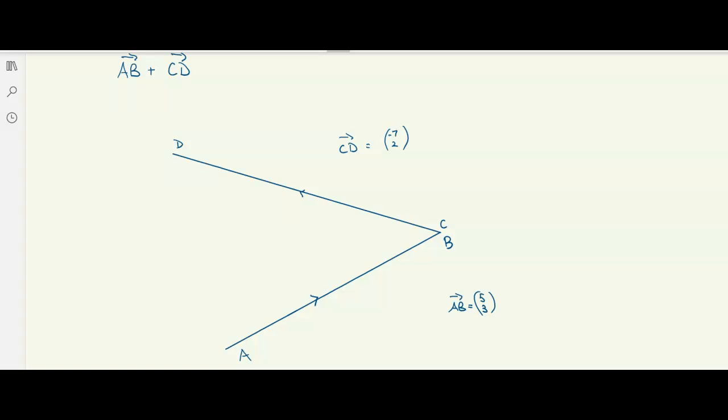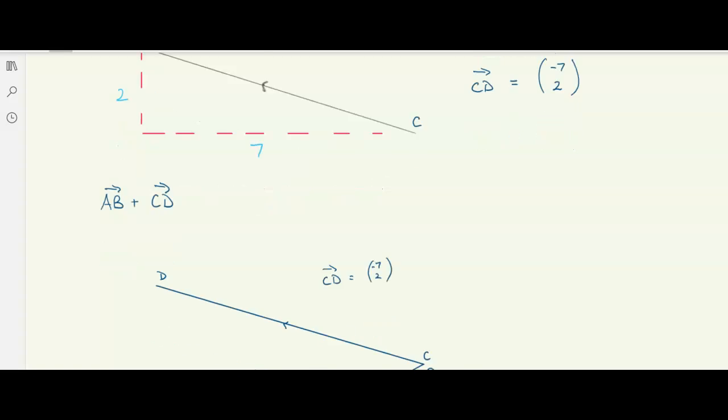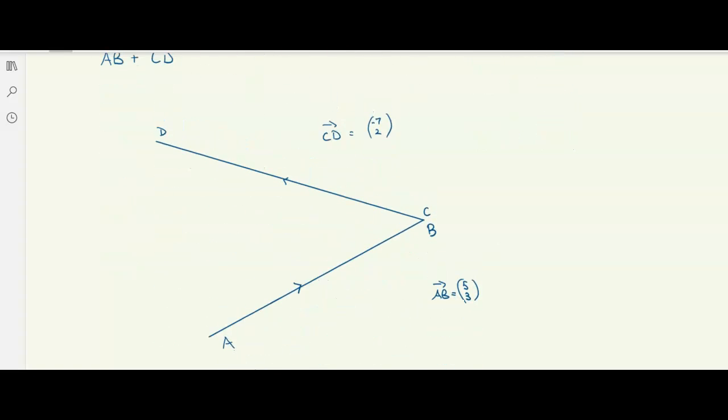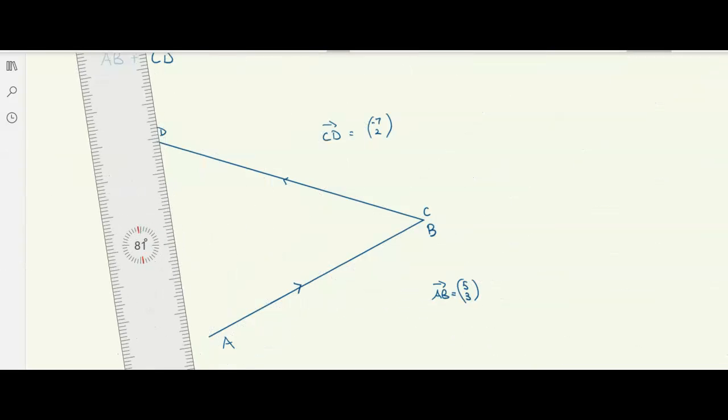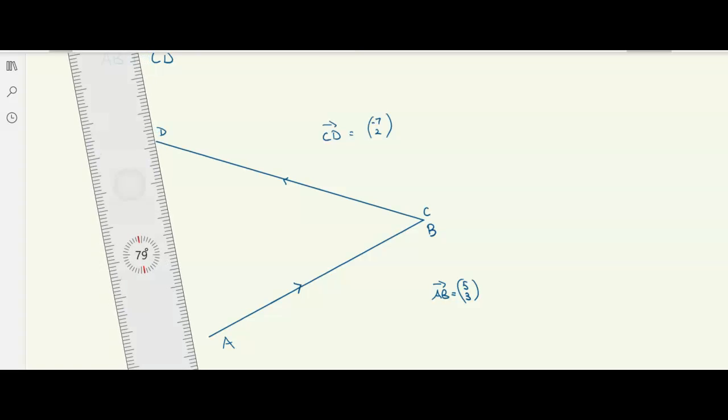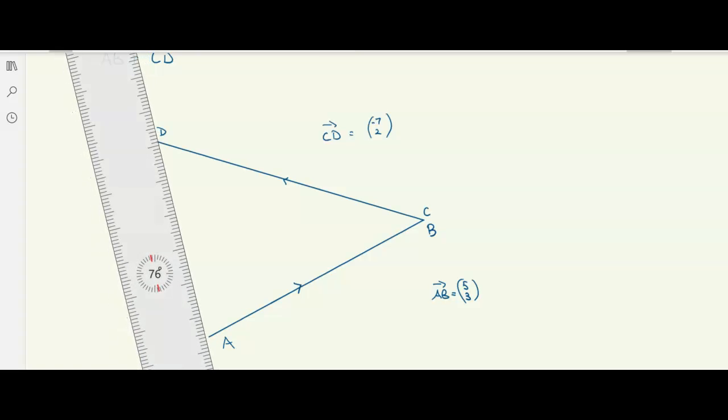Now, geometrically, the sum of them is setting it up like so. We pick up CD, so there's AB just as a 5, 3. CD just gets picked up and placed so that C sits on the terminal point of AB and extends out. So what we end up with is the geometric sum is this vector here, from A to D. So from the initial point of A to the terminal point of CD.